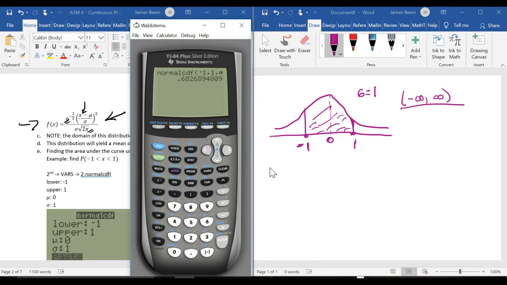So the probability that my random variable is between -1 and 1 is 0.6827-ish.